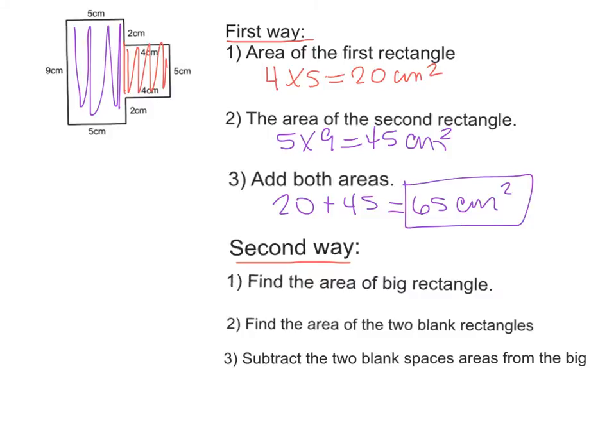The other way is I find the area of the whole rectangle, assuming that I have this. And I say, if this is 5 and this is 4, my whole side would be 9.